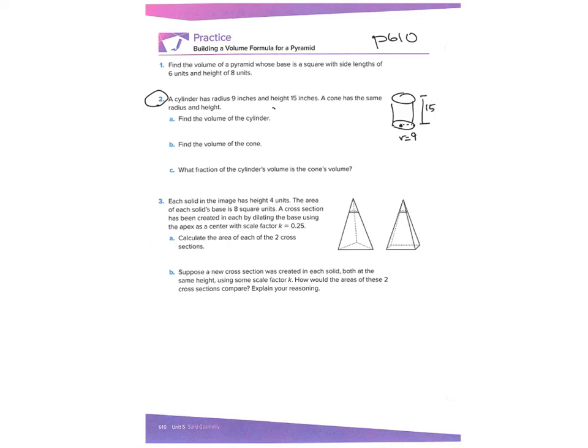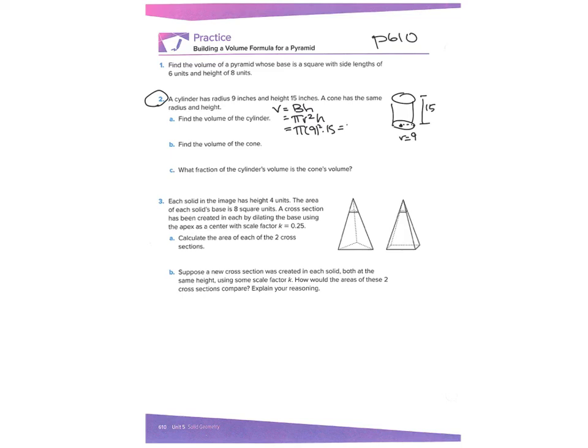So I know that the volume of my cylinder is the area of the base times the height, and the base is a circle, pi r squared h. So I know that it would be pi times 9 squared times the height of 15. So let's put 9 squared into our calculator. We get 81. Let's multiply by 15.